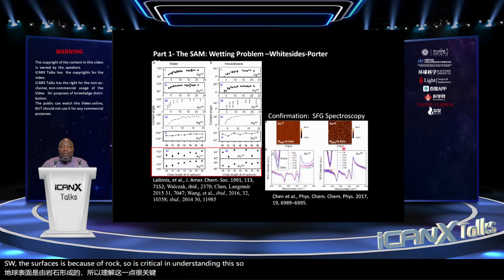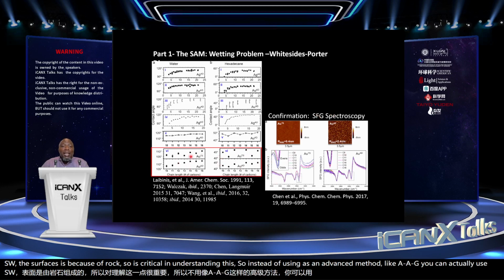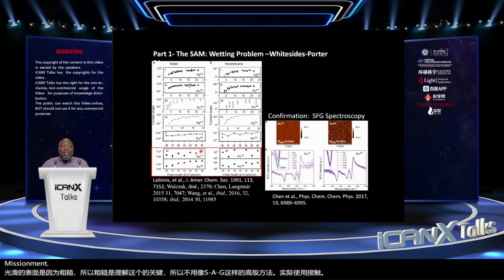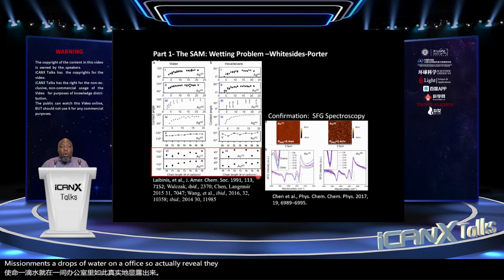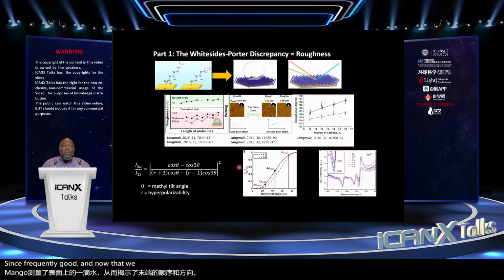So instead of using an advanced method like SFG, you can actually use contact angle measurements, drops of water on the surface, to reveal the order and the orientation of that terminal CH3 group. And now that we can show the difference between an orientation in this direction and this direction using contact angle and using SFG, what else can we get from this?